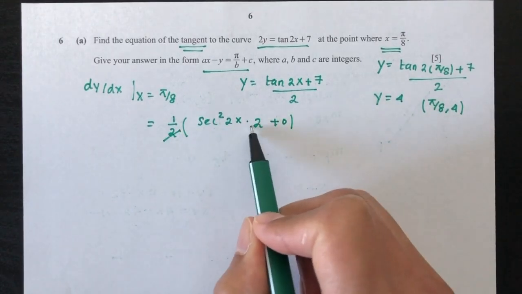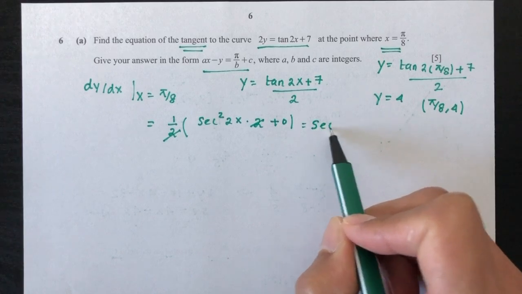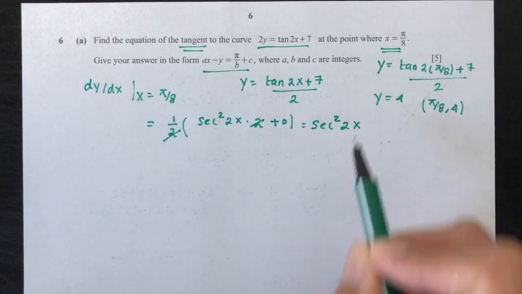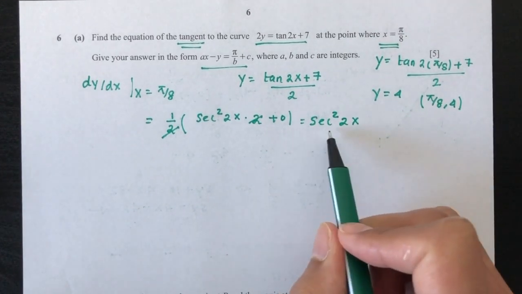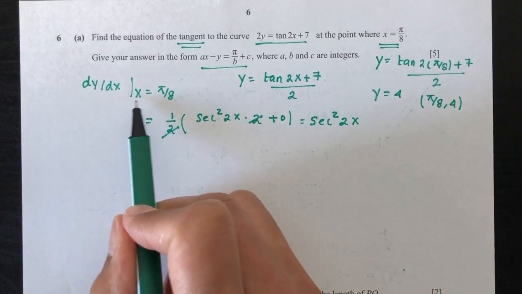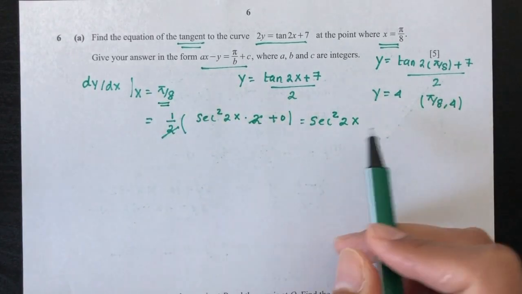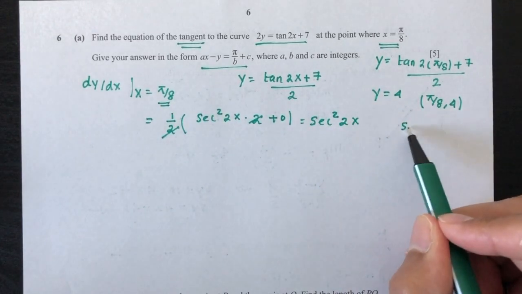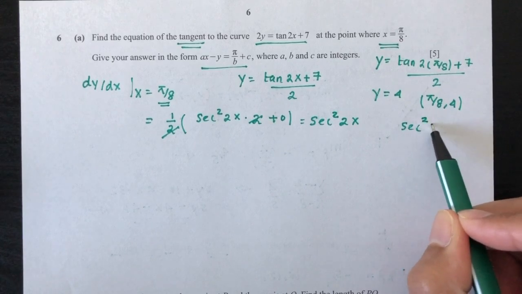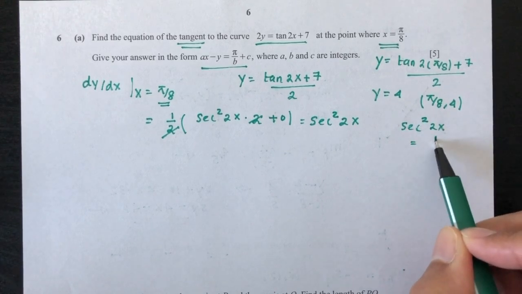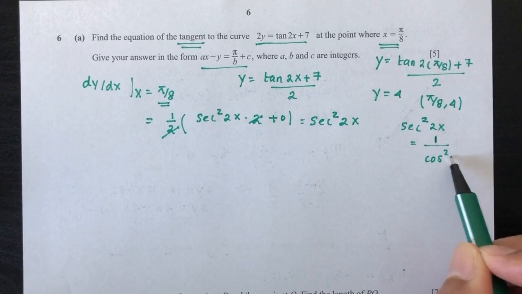So it becomes, this one goes away, you will have sec square 2x. Now this will be your dy by dx. We have to find dy by dx at x equal to pi by 8. So what is sec square 2x? You should know it is 1 over cos square 2x.